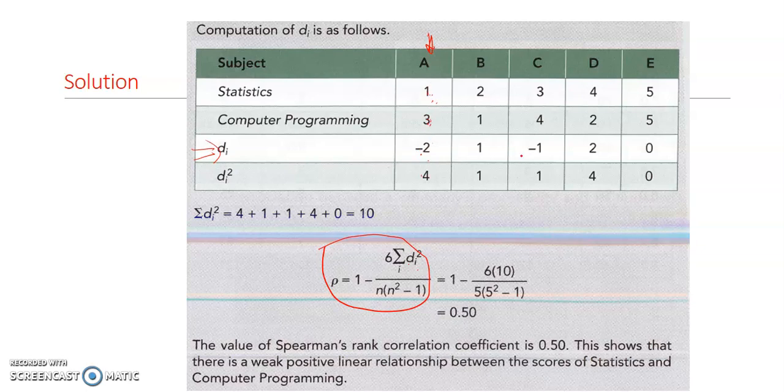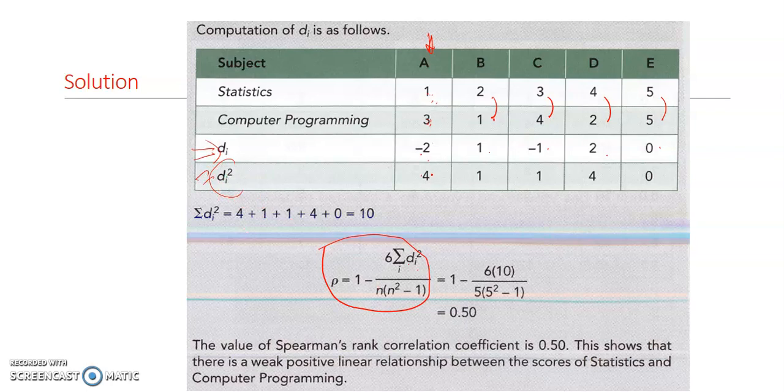Okay, for student B, 2 minus 1, positive 1. For student C, 3 minus 4, negative 1. For student D, 4 minus 2, positive 2. For student E, 5 minus 5, 0. Okay, and then find di square because this is the value that we must use in the formula.